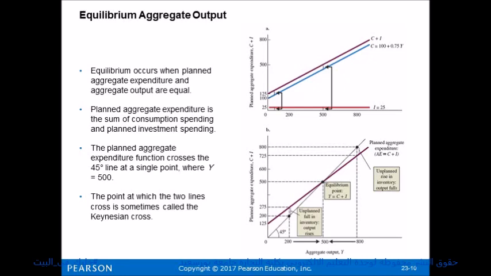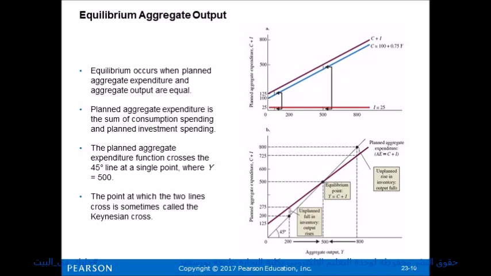In the lower graph, we see that the aggregate expenditure line is drawn as an upward sloping line representing the sum of consumption C and investment I. Also, in the same graph, we have drawn the 45-degree line, which represents y.